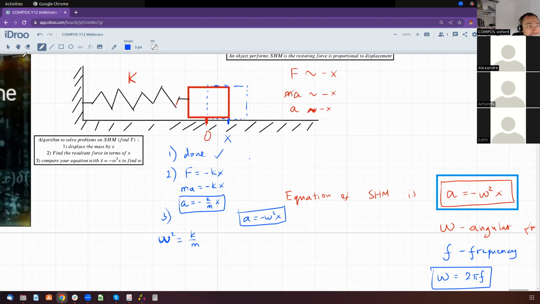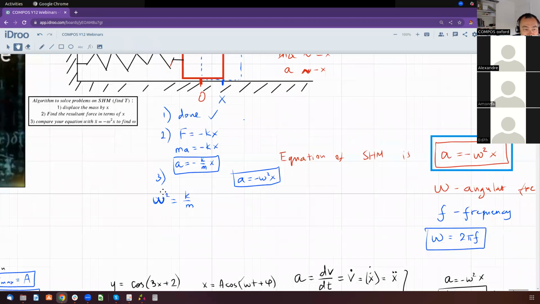Okay, so we've established that omega squared is k over m. So omega is square root of k over m. We don't care about the negative because it can't be negative. It's a frequency. And then finally we can say, well, time period is 2 pi over omega. That is going to be 2 pi multiplied by the square root of m over k.